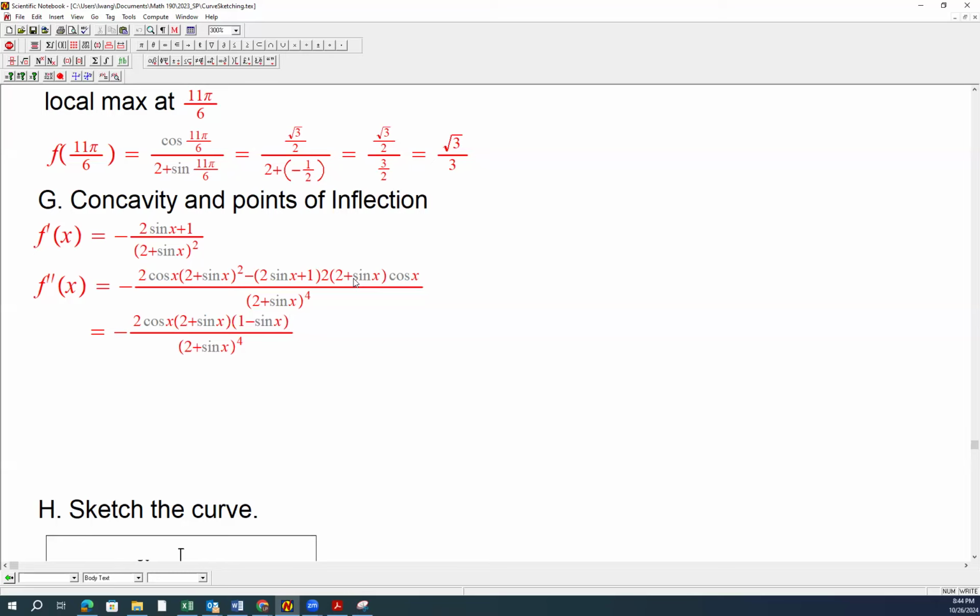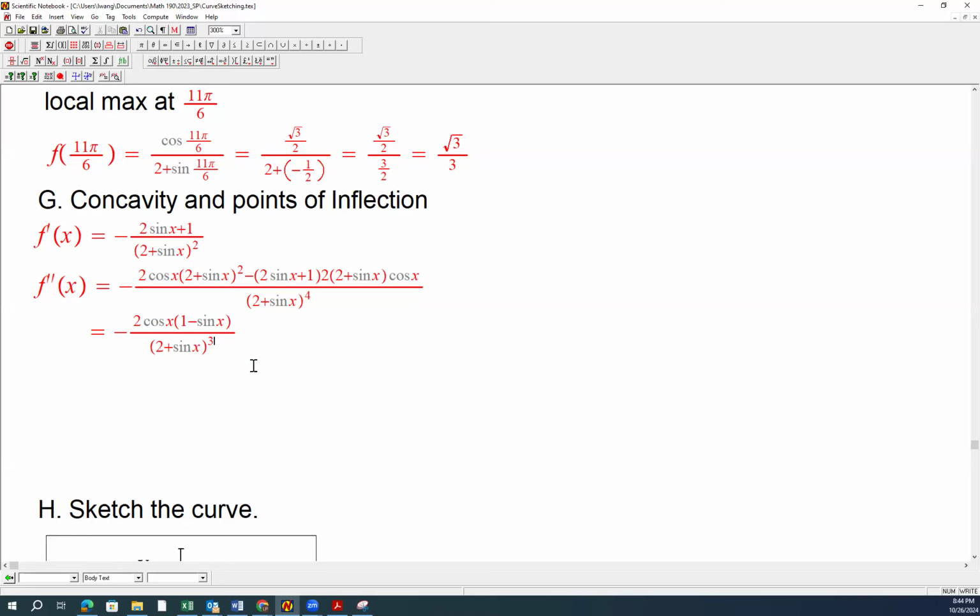What else can we do to simplify this? Look at that. We have 2 plus sine x to the power 4, so that is going to take away one of the factors. So we got the power 3.